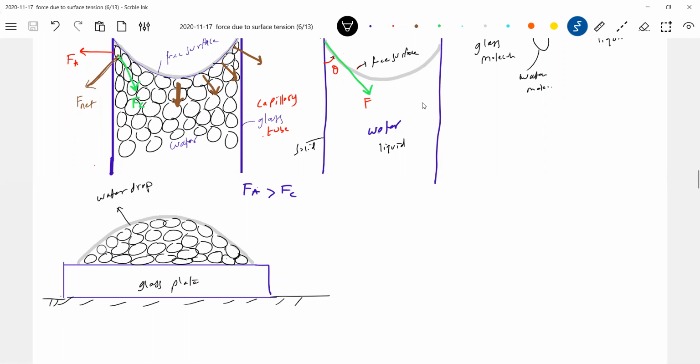Here, what are the things, the net force, how is it? We are sure the net force is acting somewhere like this. Then what are the cohesive forces? The cohesive force, net force, brown color. The adhesive force on this molecule will be in this direction, and the cohesive force somewhere like this.